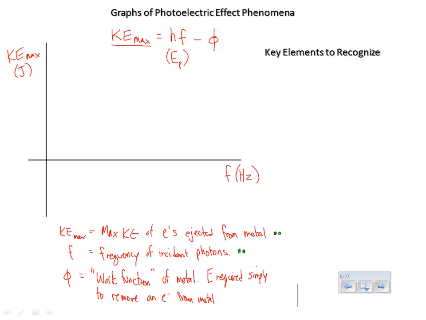They're straight lines, where here is our y-intercept, there's phi. Notice this is the same form as y equals mx plus b, where our b is really the negative of the work function.